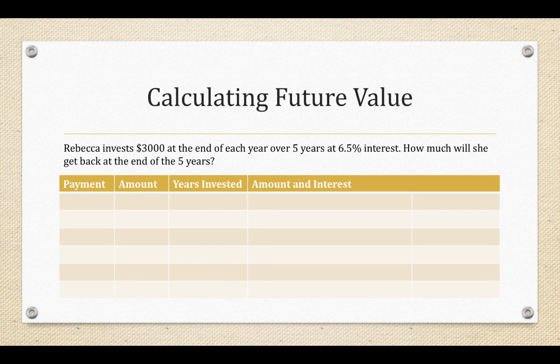So let's have a look at that. So payment 1, she's going to have that $3,000 invested for 4 years. So that will give us $3,000, which is our P, times 1.065 to the power of 4.